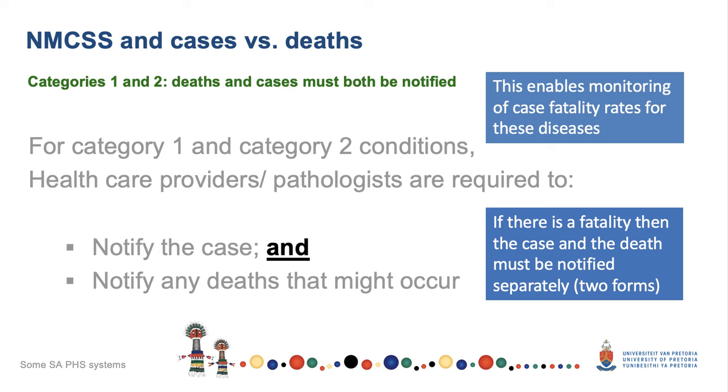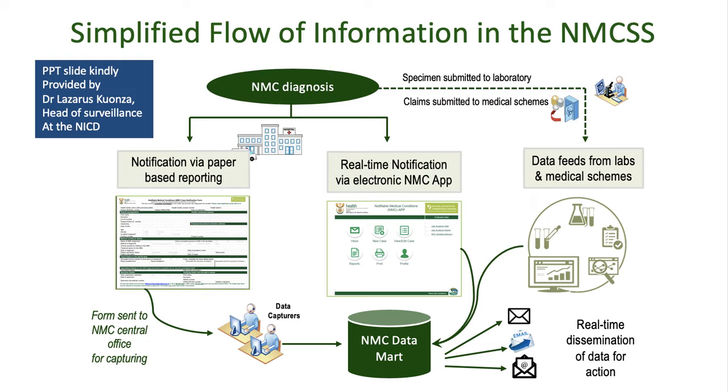And if you've only reported the deaths and not the case, then obviously you're going to overestimate the case fatality rate. And if you only report the case but not the death, then you're going to underestimate the case fatality rate. So this is very important that both occurrences are in fact reported.